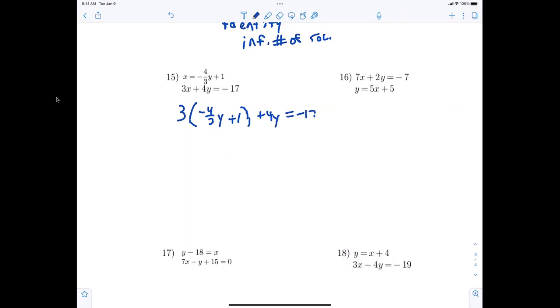So it's just negative 4. Does anybody have any questions with that so far? I just put in the substitution for x. Now I'm distributing. So when I distribute, I get negative 4y.